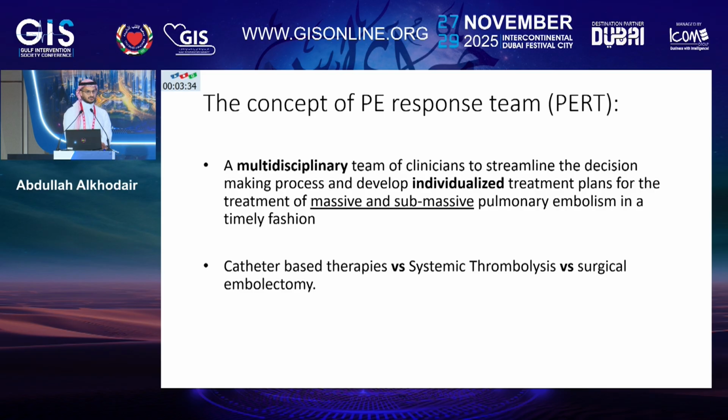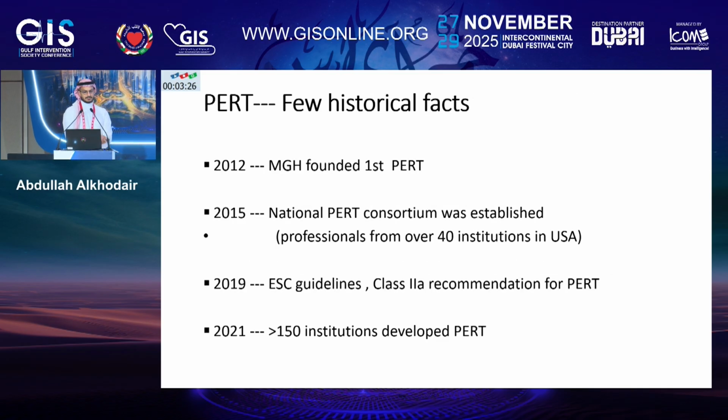As we saw, we have multiple different options for treating those patients, and the decision should come from people with different backgrounds. So it started back in the early 2010s in MGH, where the first PERT team was founded, and then it progressed into the development of the PERT consortium. And nowadays, multiple hospitals in the region have well-established PERT teams.